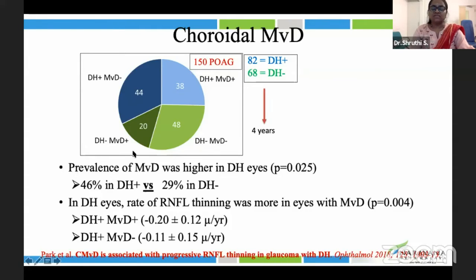When they looked at the prevalence of microvascular dropout, it was higher in disc hemorrhage eyes. That is, 38 out of 82 patients had microvascular dropout, and 20 out of 68 patients had microvascular dropout in the eyes without disc hemorrhage. When these eyes were followed up for 4 years, they found that the rate of RNFL thinning was more in eyes with presence of microvascular dropout.